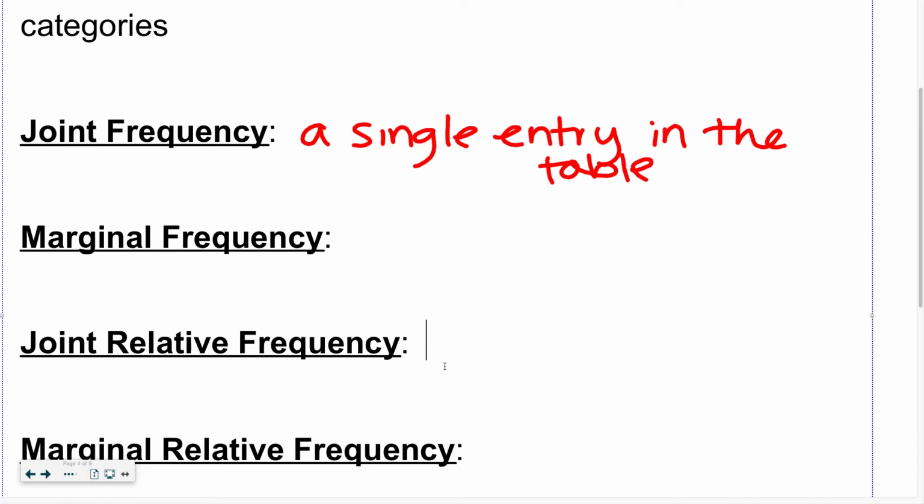Okay. Marginal frequencies, where are margins? On the sides, on the outside, right? If you're a marginalized group in society, you're on the outside of the norm, so you feel marginalized. So margins are on the sides. These are the sums of rows and columns.